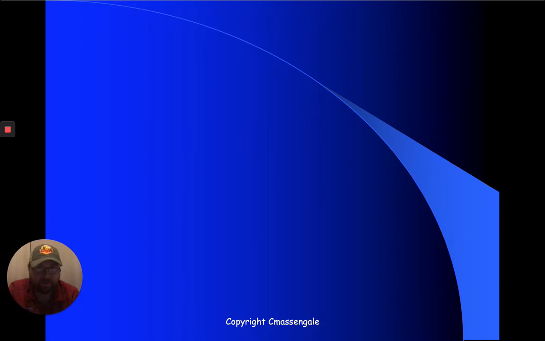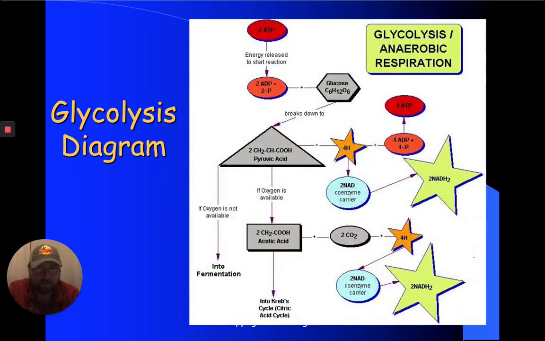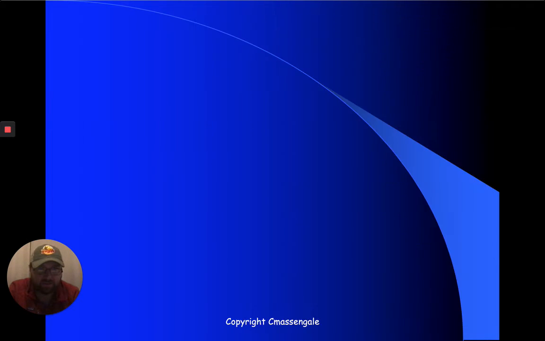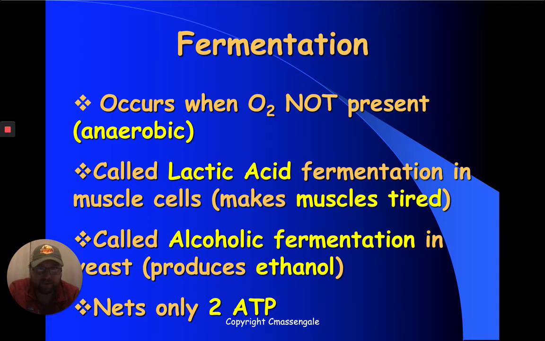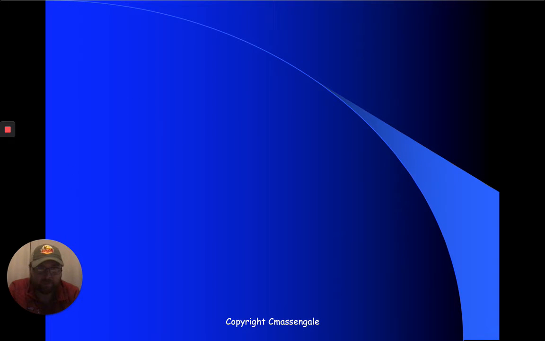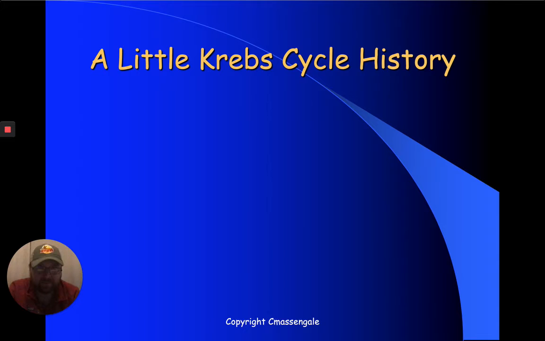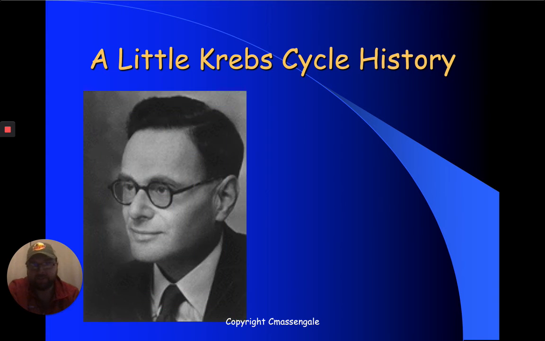All right, so, and this kind of gets into more detail about glycolysis than we really need to get into. So I'm not going to dive into that. Okay, we'll come back to this another time. Fermentation. So let's get to the Krebs cycle. All right, because again, we're only talking about aerobic respiration tonight.